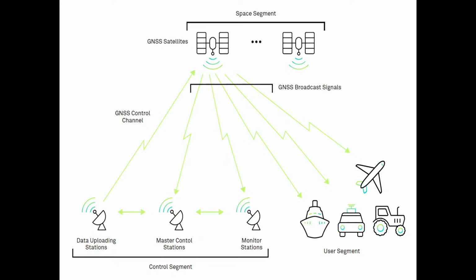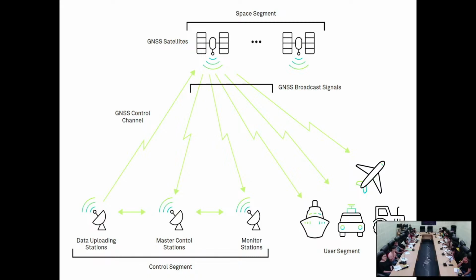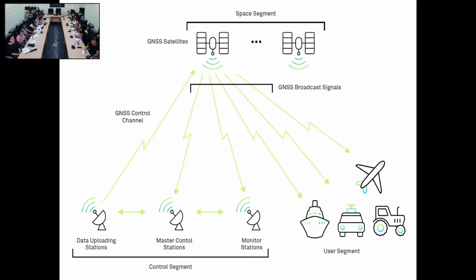So this is the basic rough sketch or block diagram of the GNSS system. Can anyone explain this by seeing this sketch?